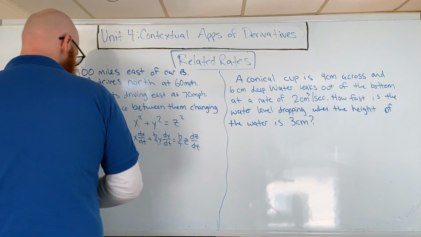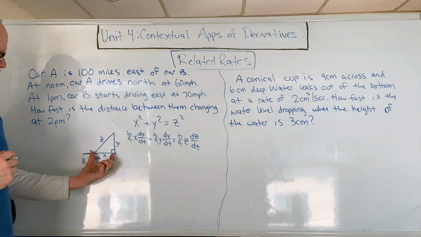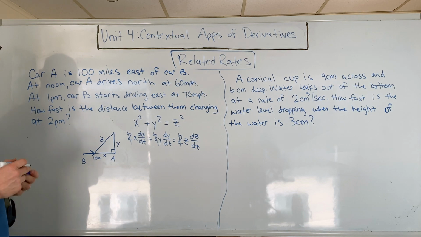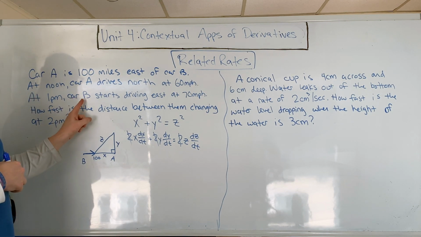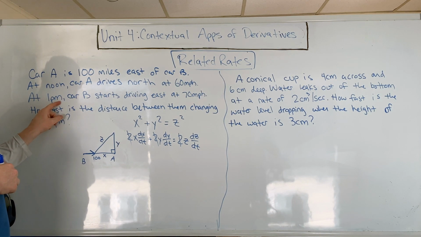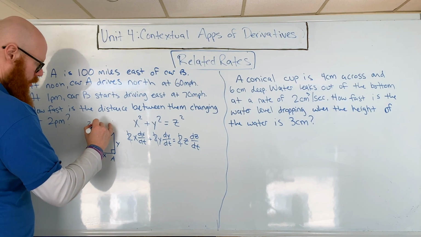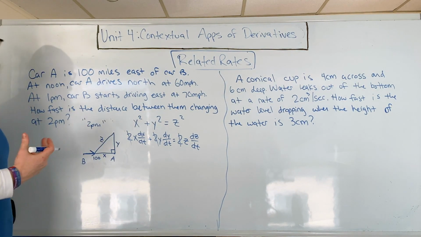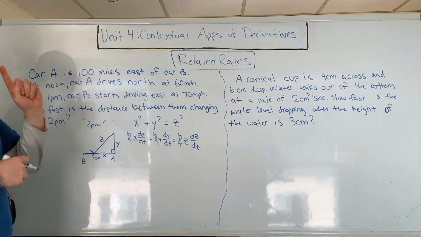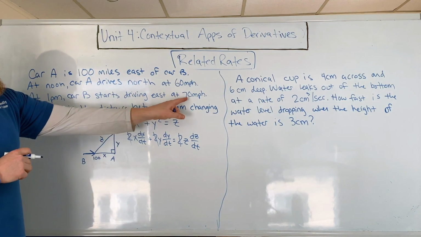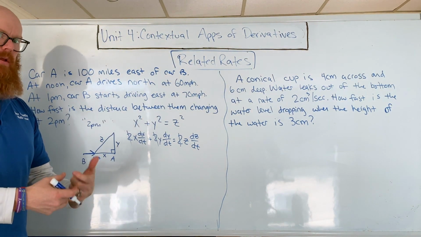So x represents this distance at a particular time. Let's focus on car B. Car B starts driving east at 1 p.m. and we're analyzing this problem at 2 p.m. So we want to know what's going on at 2 p.m. Well, car B has driven for an hour, which means it's traveled 70 miles, since it's traveling 70 miles per hour.